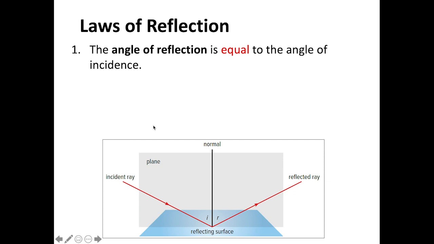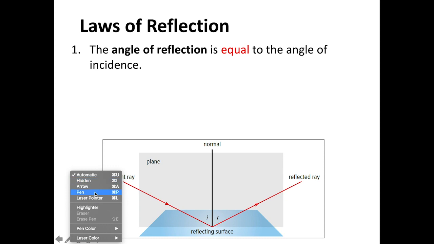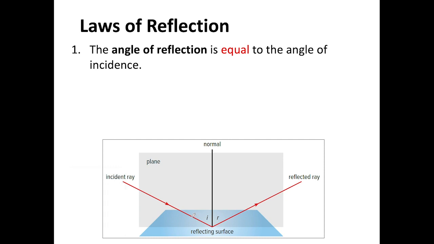So I like to think of this: if I throw a ball of light down at a surface, it's going to bounce off at the same angle. So the distance between this angle and this angle are going to be the same.